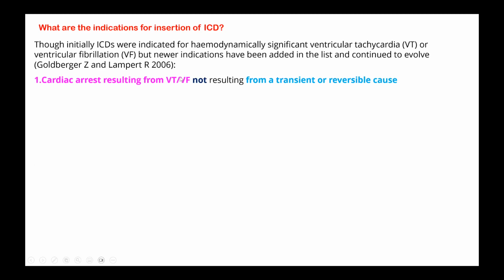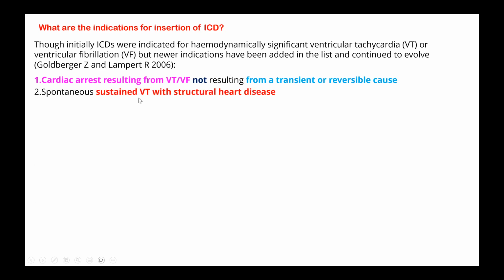That means there is a possibility that VT and VF can recur in this patient again and again. So the 5 causes which we normally read for cardiac arrest, there are 5 T's and 5 H's, that is a reversible condition. That is a single event. For that we don't put an ICD. Whereas a patient who is likely to suffer from recurrent VT and VF, in that patient only we have to insert an ICD. That is the first and foremost indication.